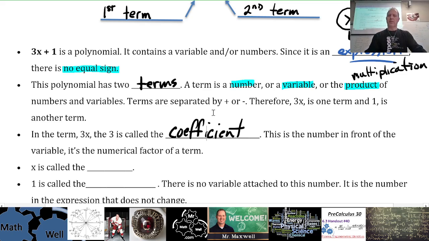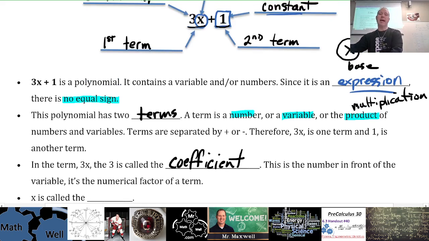This is the number in front of the variable, and it is the numerical factor of the term. 3 is multiplied by x, so technically 3 is a factor of 3x, and x is a factor of 3x. Those are the two things that are multiplied together. They're factors. The number factor is the coefficient, and the letter part is the variable.